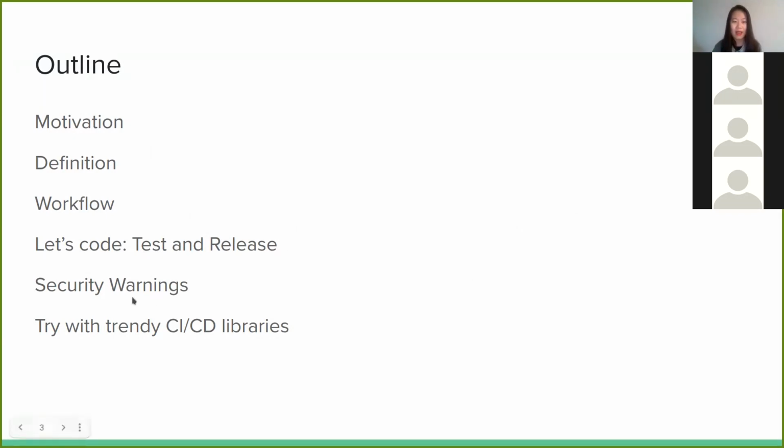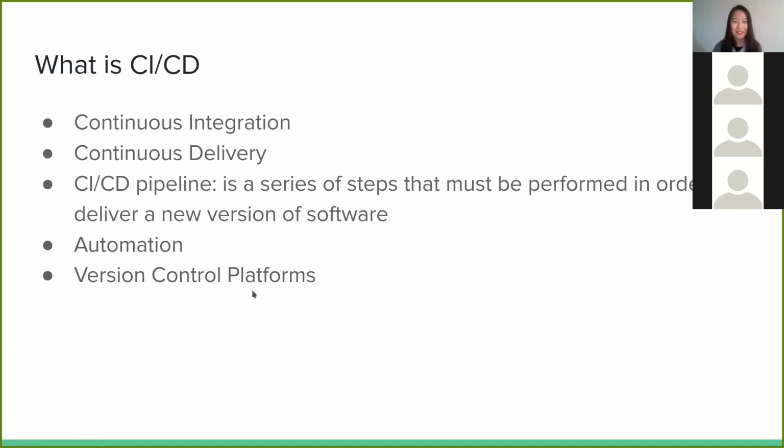I also have some interesting security warnings about CI/CD. And at the end, we'll try some trendy CI/CD libraries to see what is available right now for us to use on GitHub. Okay, so that's it. Let's jump to the definition.